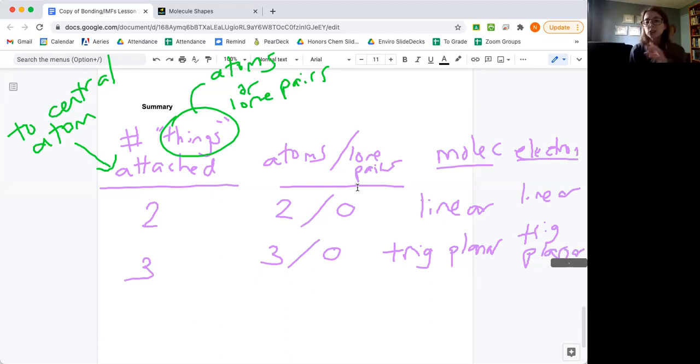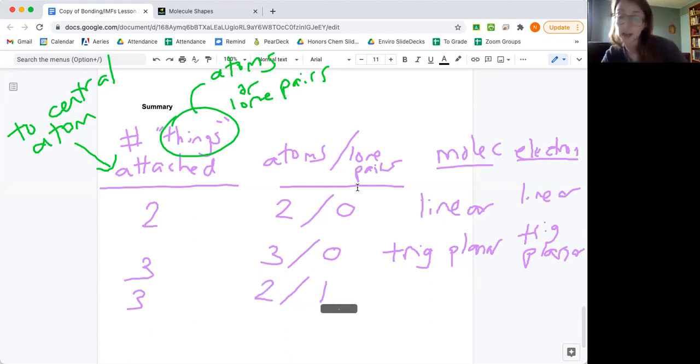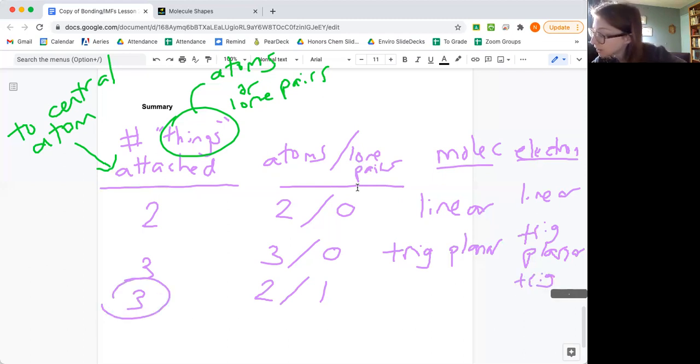It's only when we start swapping some of those out for lone pairs that the molecular geometry changes. So if we still have 3 things attached, but only 2 of them are atoms and 1 of them's a lone pair on the central atom, so 2 atoms, 1 lone pair, its electron geometry, it's still 3 things attached, so we still would call it trig planar. Sorry, my handwriting is so messy for the electron geometry.